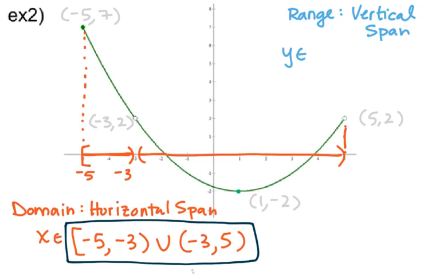So I'm going to go ahead and start this with a closed bracket at y equals -2. We'll look at what happens as we travel up. Is the function defined everywhere for every y value that falls between -2 and 7? And the answer is no. We have a hole here at y equals +2. What happens if we go to look at the other spot where y could potentially equal +2? We also have a hole.